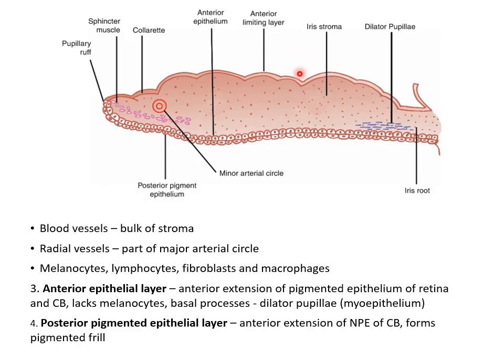Now, anterior epithelial layer. So you see, this is the anterior part. This is the pupil, and this is the posterior part. This is the front. This is the part that is in contact with the aqueous. Why is this happening? It is because of the folding of the anterior edge of the optic vesicle. So it folds on itself, right?